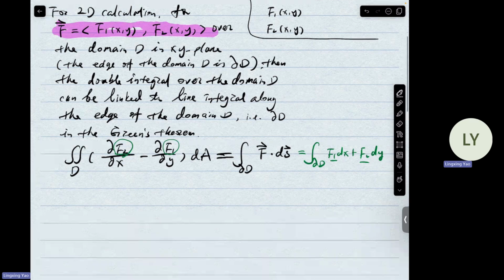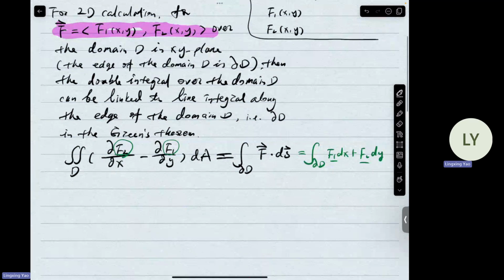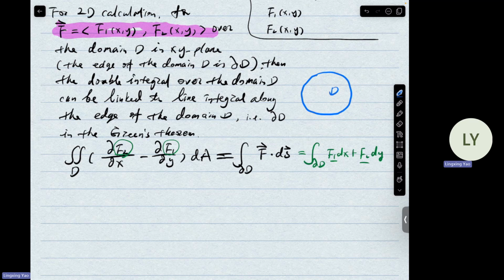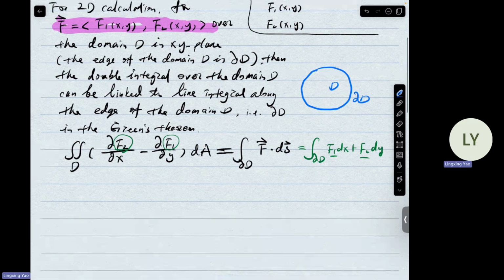And the illustration is like this. If you have this domain, for example simply connected, so there's no hole, this is D, and the edge is partial D. And here we also want to make the claim that this partial D, which is the edge of the domain D, has to have a positive orientation.